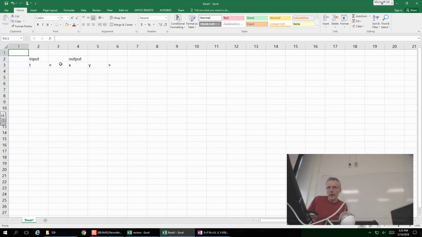Let me put h, the increment of t, at say 0.2. Here I will start at, say, 0, and then increment it by h, 0.2. So it will be equal to this plus h, which is row 2, column 1.